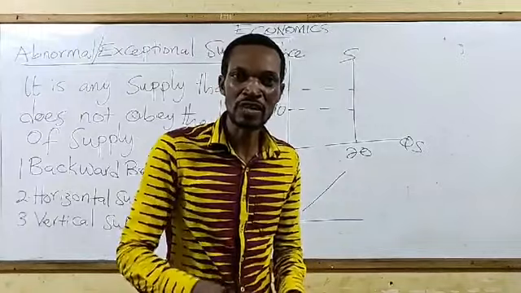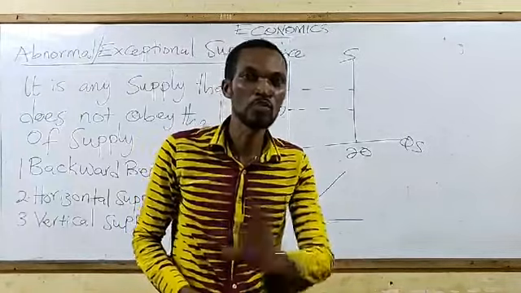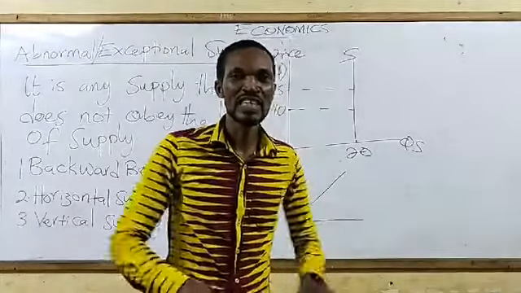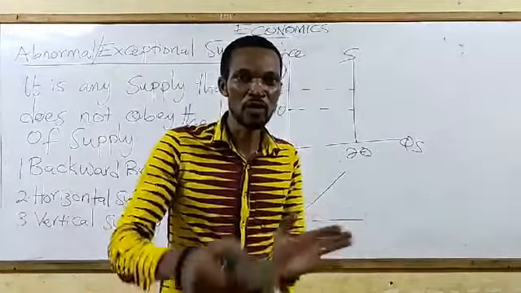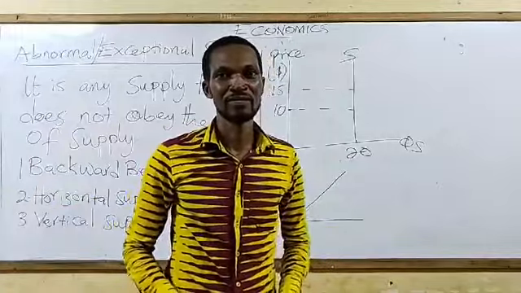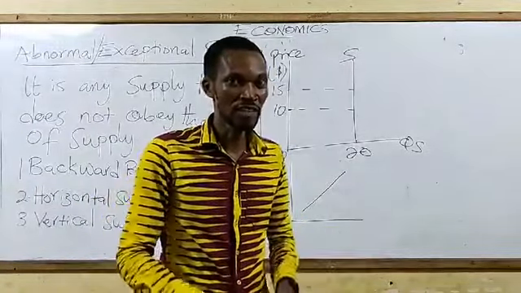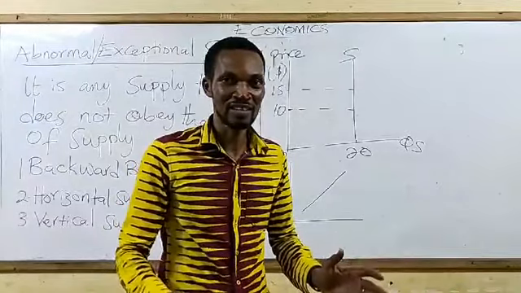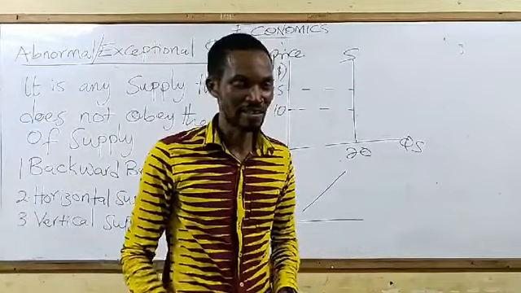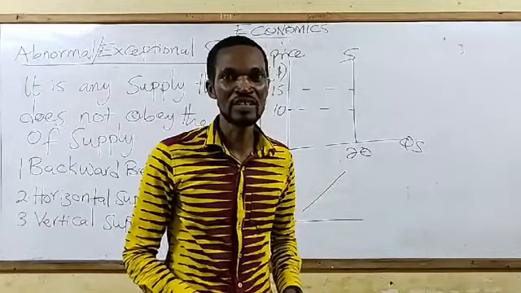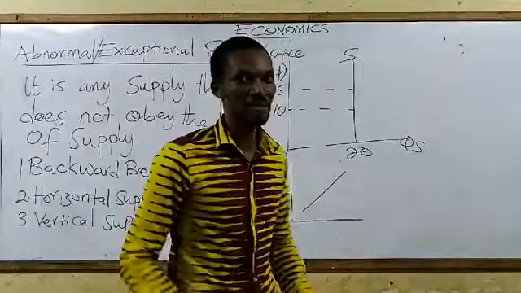So in the short run, the supply of most agricultural produce is fixed. You can't change the quantity you supply because of the gestation period. It takes quite some time to cultivate pineapple, cassava, etc. So in the short run, most of the agricultural output fits what you call vertical supply.